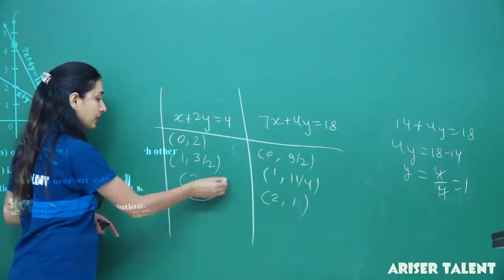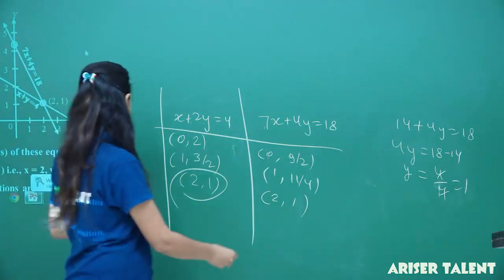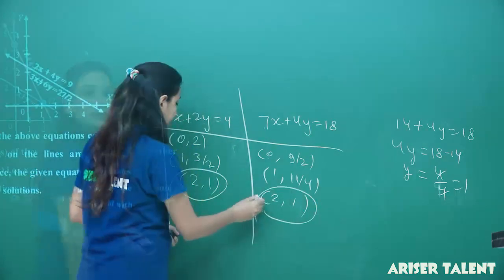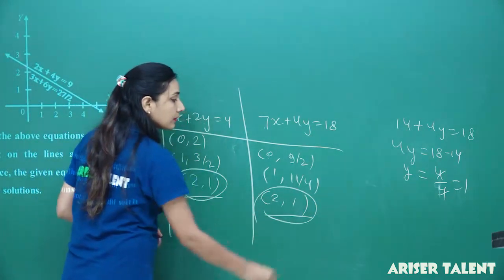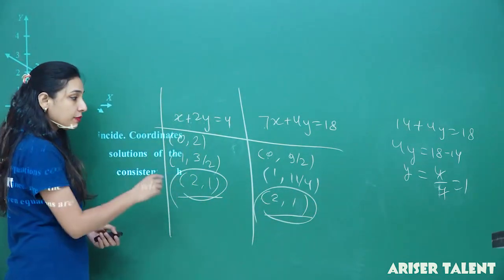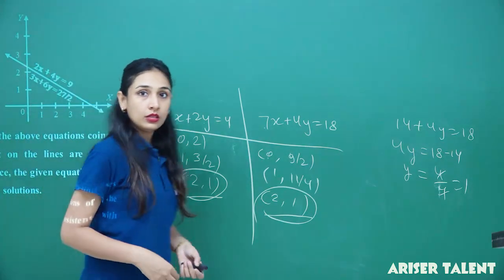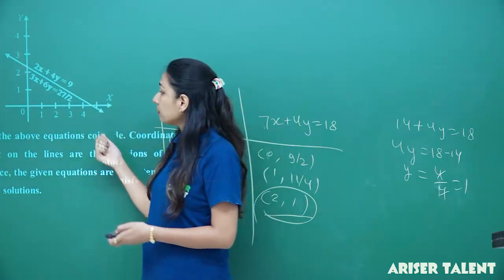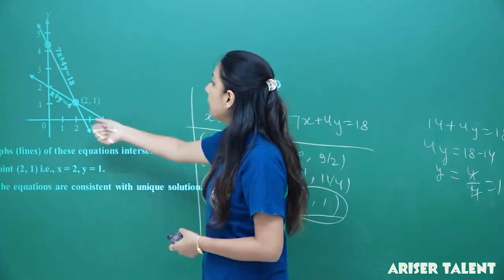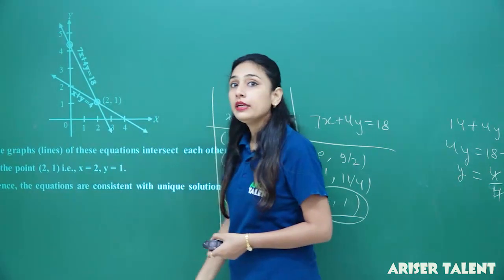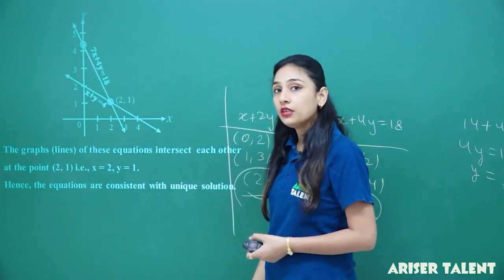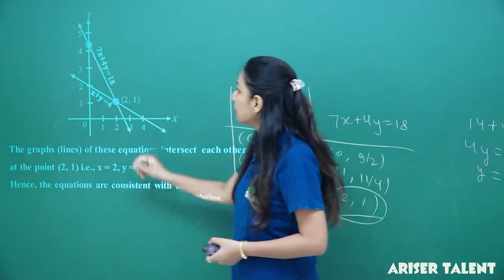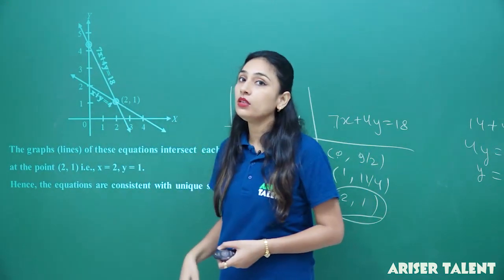So here I am having this, and here I am having this. The value is the same here. So at this particular point, these two lines will intersect each other. So this is the intersection point (2, 1).